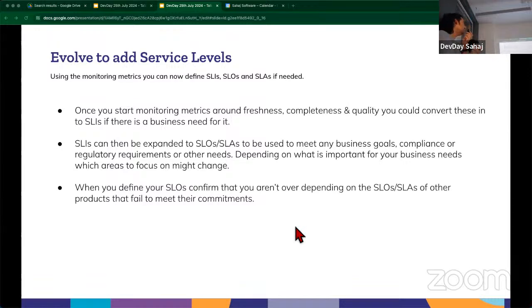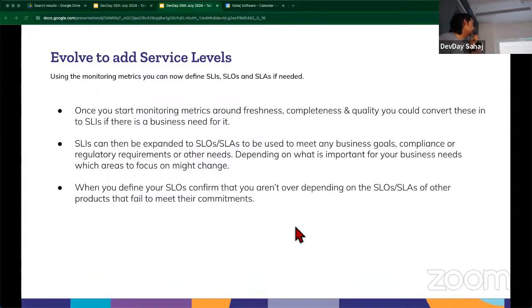You can evolve the metrics you've captured around freshness, completeness and quality into SLIs, which can be developed into SLOs or SLAs, depending on your business needs. And if there are any regulatory or compliance requirements, you'll have to think about whether you're meeting those based on your monitoring metrics.